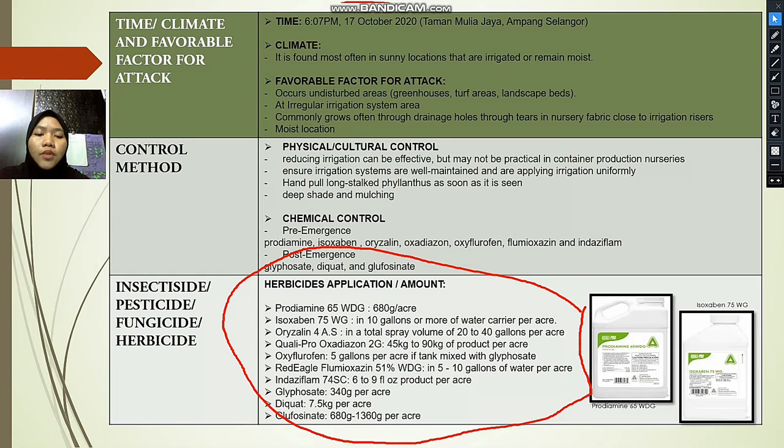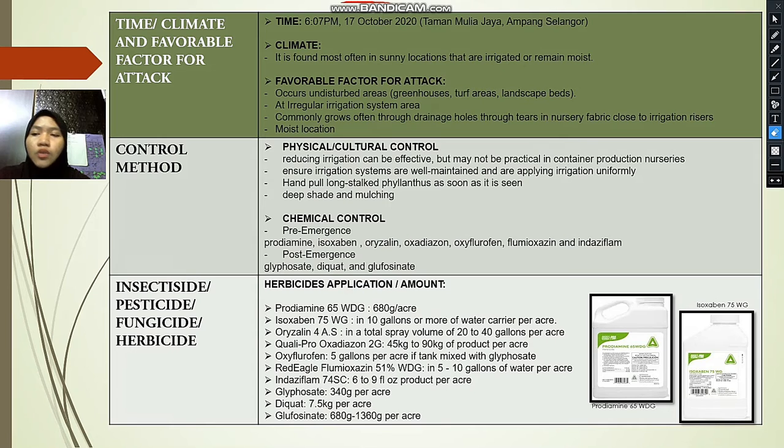For prodiamine 65 WG, we can apply 180 grams per acre. For isoxaben, we can use it in 10 gallons or more of water carrier per acre, and so on. You all can see there are many herbicides we can use to prevent the weeds from growing. Here you can see the pictures of prodiamine, and this is the picture of isoxaben.